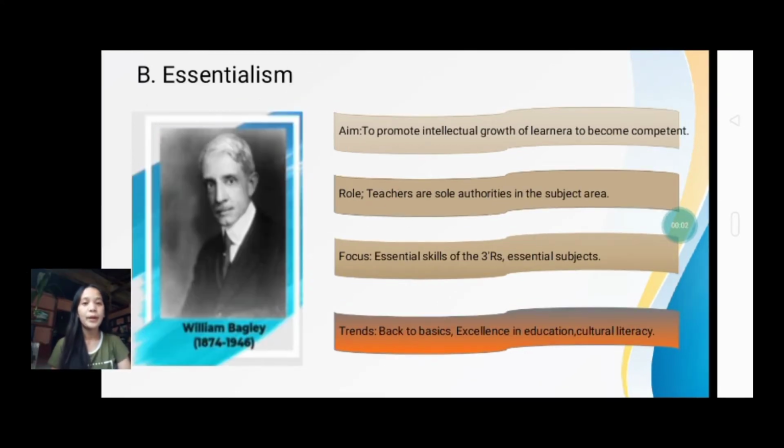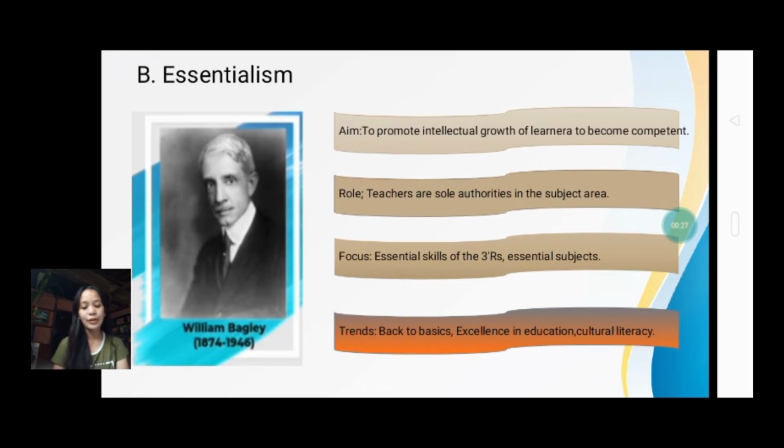The second proponent of philosophy is essentialism, by William Bagley, 1874 to 1946. It is an educational theory that believes that the purpose of schooling is to impart the necessary knowledge, skills, and attitudes to enable young people to function as fully developed human beings in the modern world.